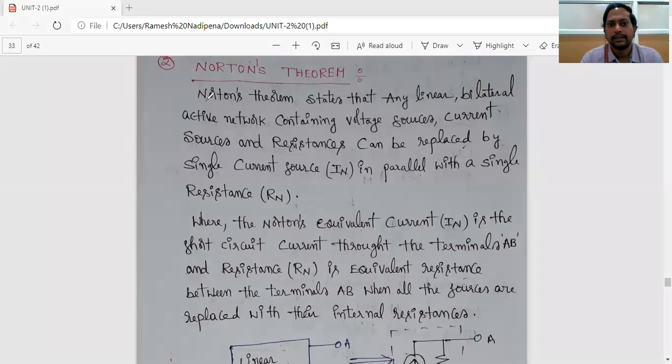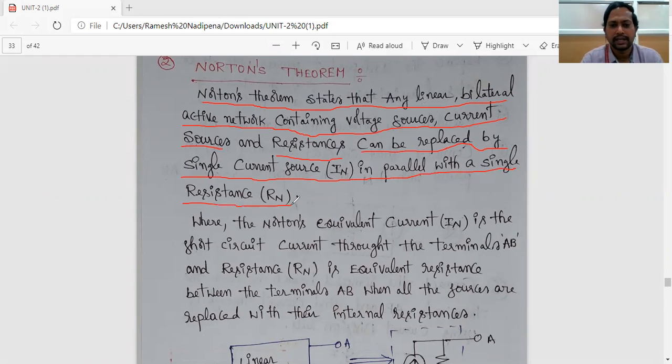Norton's theorem states that any linear bilateral active network containing voltage sources, current sources, and resistances can be replaced by a single current source in parallel with a single resistance.